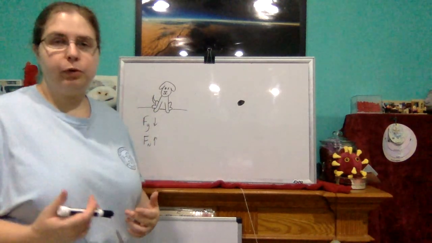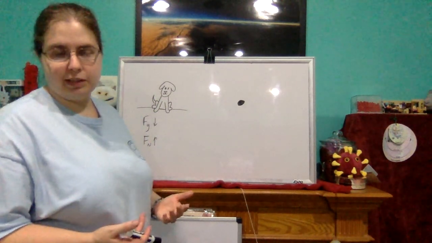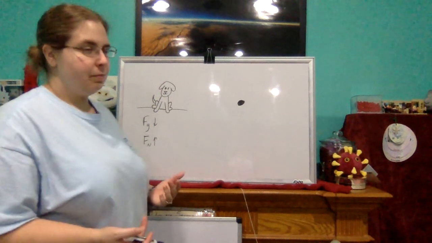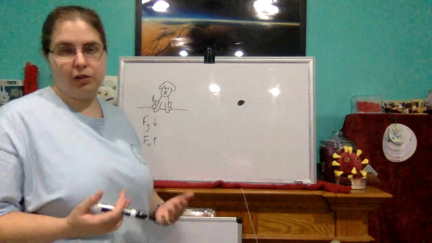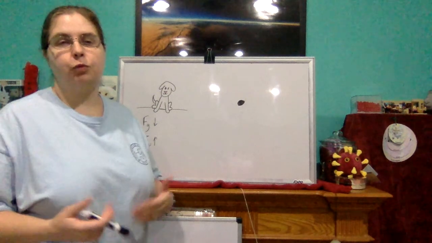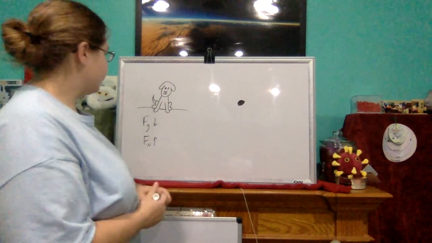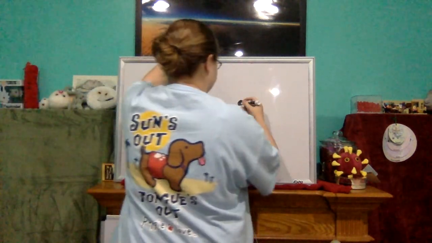The arrows that we draw to show the forces, we draw them proportional to their magnitude as well as showing the direction. So the force of gravity, F sub g, is heading downward.